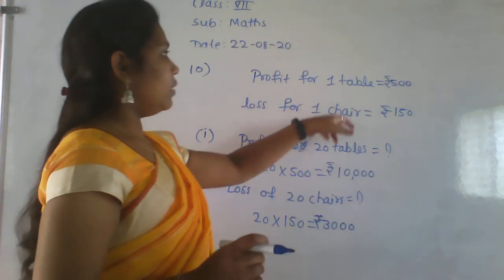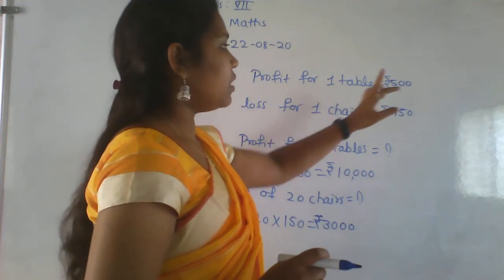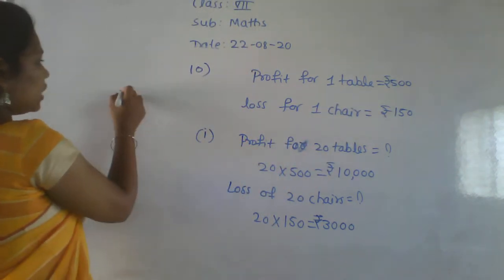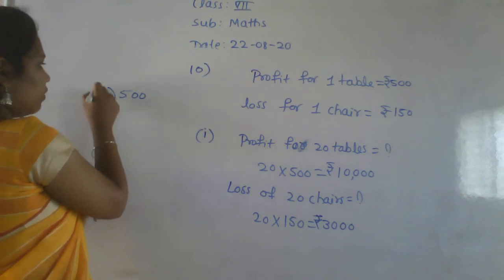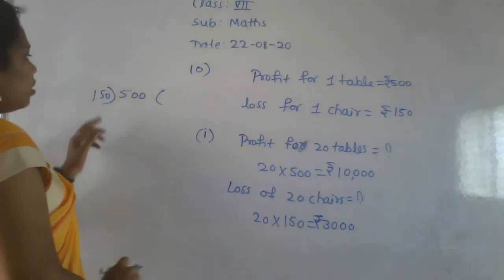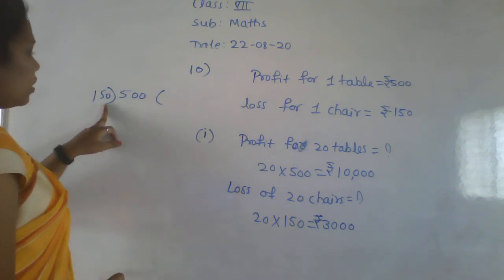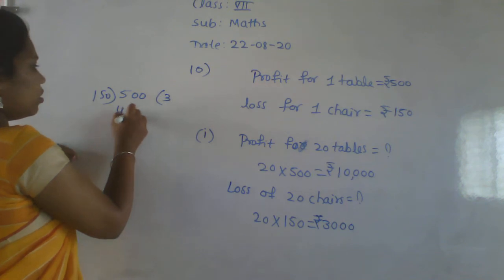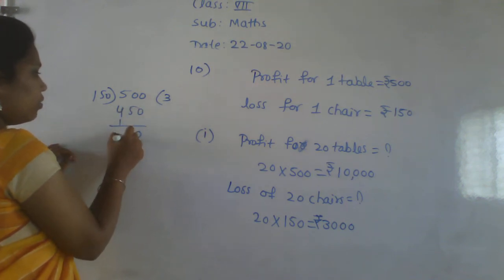See here, compare these two. Profit for one table is 500 and loss for one chair is 150. Do the division of 500 with 150.